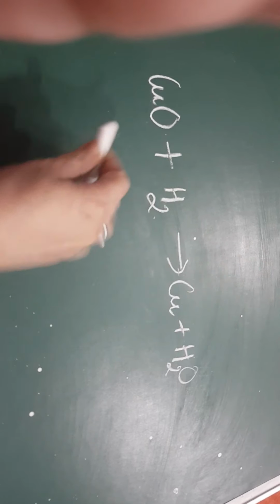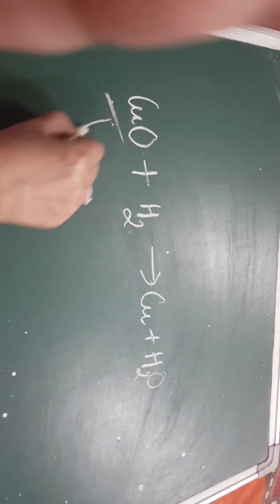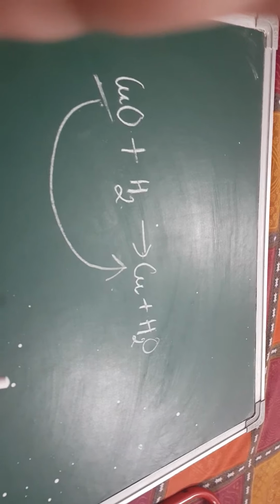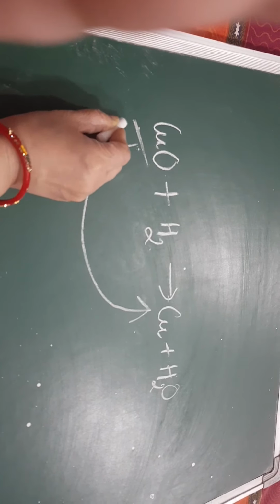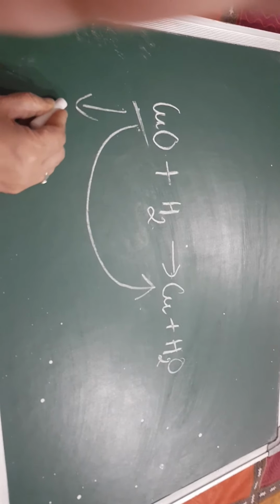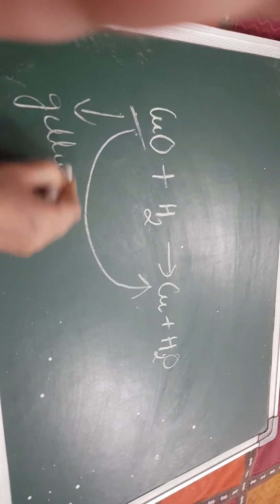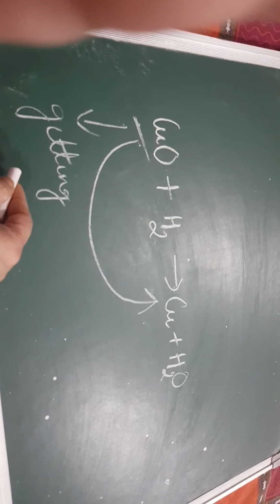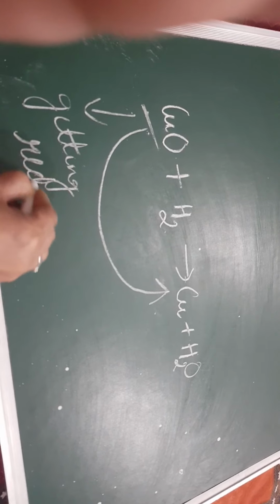Now listen carefully. Here copper oxide CuO is losing oxygen. As copper oxide is losing oxygen, copper oxide is getting reduced. I hope I'm clear. Loss of oxygen is reduction, so copper oxide is getting reduced.